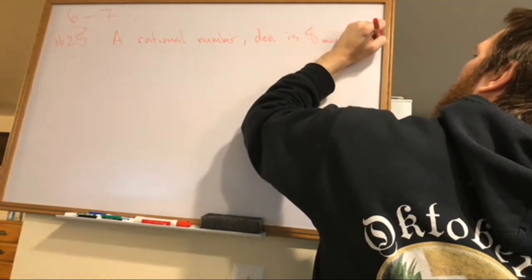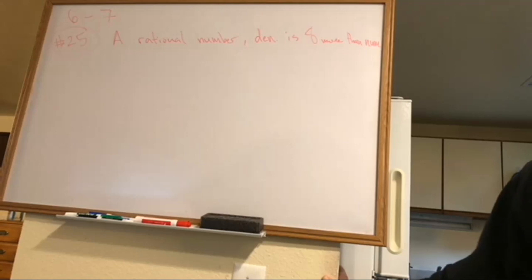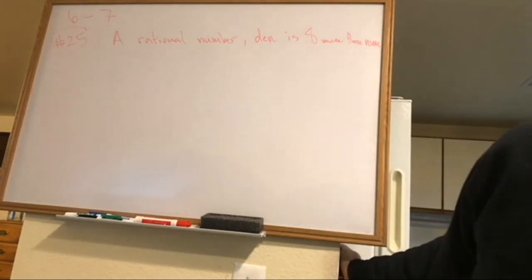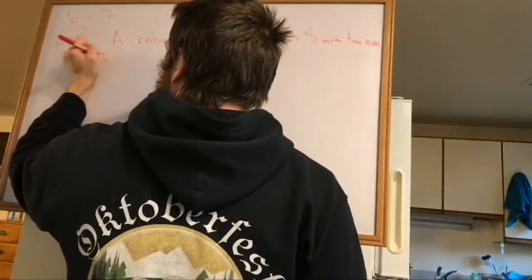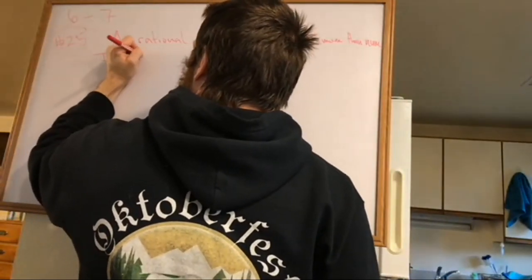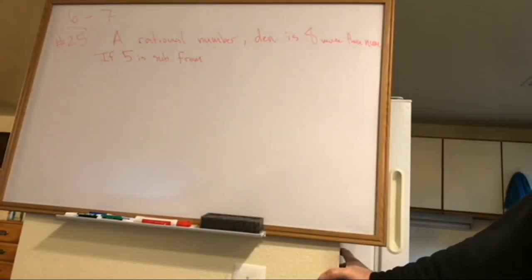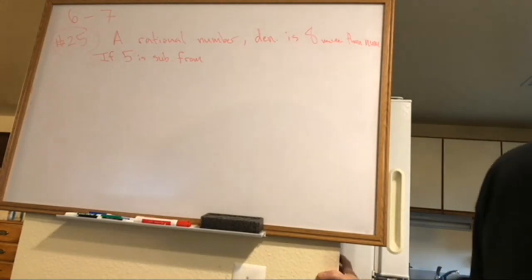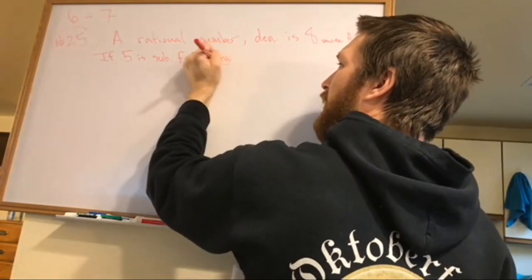Oh yeah, this one. Yeah, this is tough. This is why I assigned it. This is a good one. If 5 is subtracted, I have to be really careful here. If 5 is subtracted from both numerator and denominator, from both.